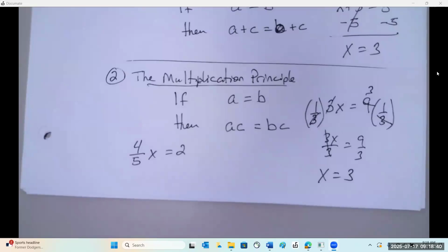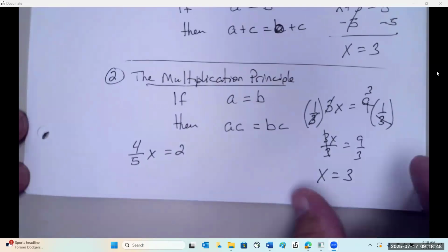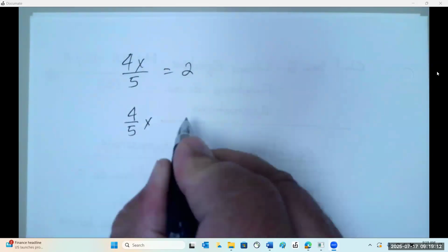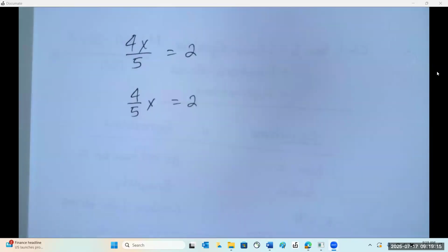If I had that, would you divide by 4 over 5? The answer is yes, because this can be rewritten as 4 over 5 x, like we just did in this one.